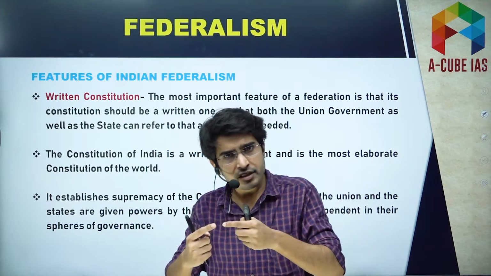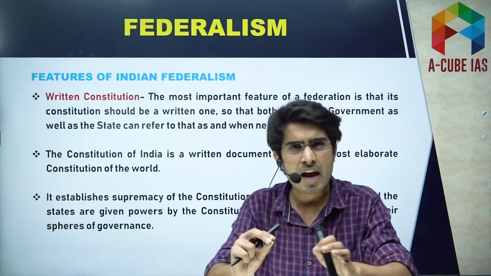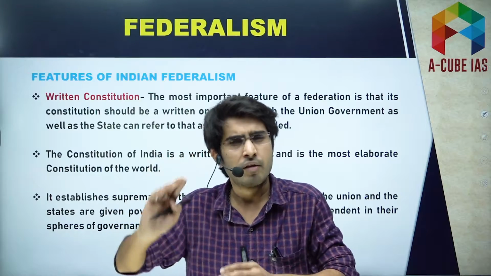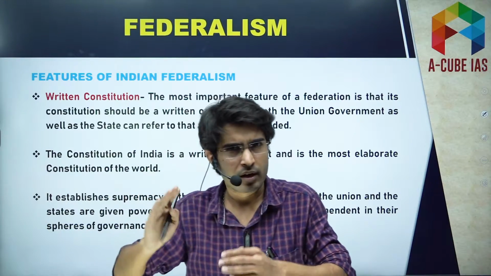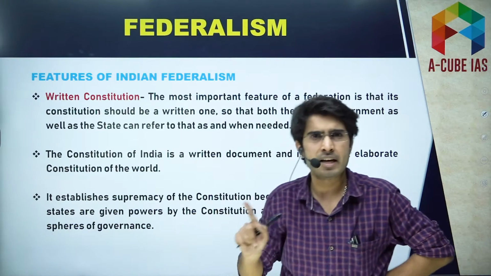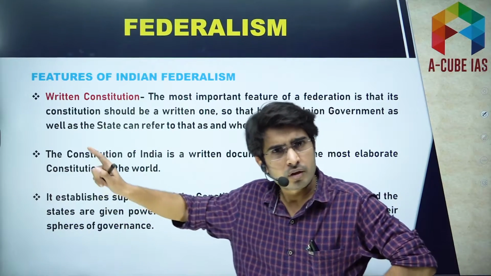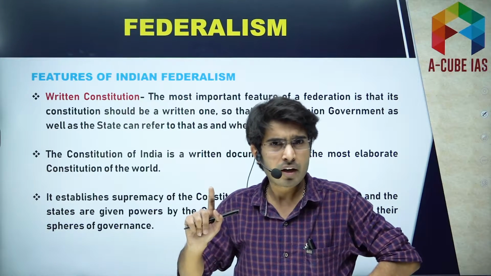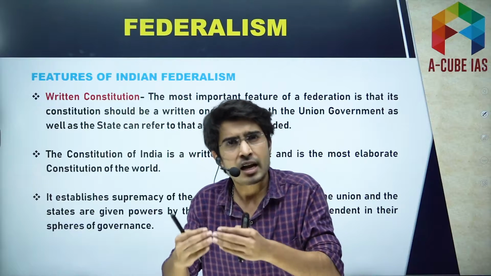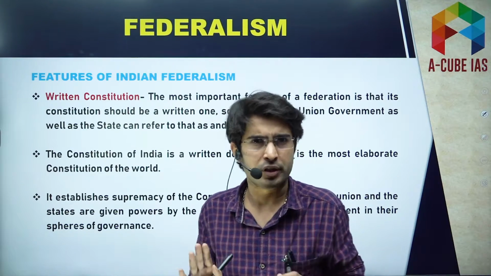If there is any dispute or confusion, suppose the central government has some confusion related to the division of power between the central and state government, in that case the central government can refer to the constitution. The constitution is the ultimate source of power, and it is a written constitution.